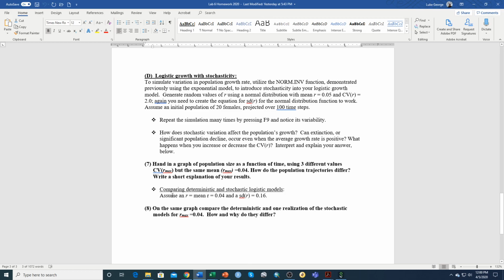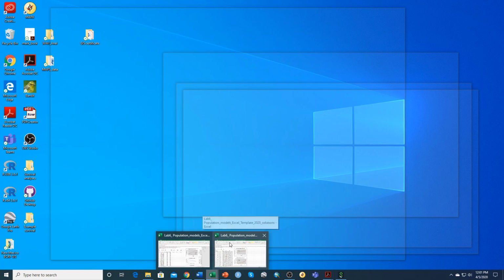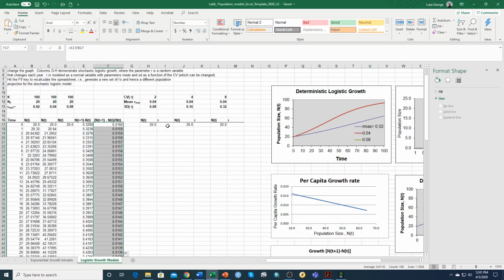And then finally we want you to put on the same graph a deterministic plot of the logistic growth function and a stochastic plot to see how those differ. So we're asking you for 3 different values of CV R max, but the same mean.